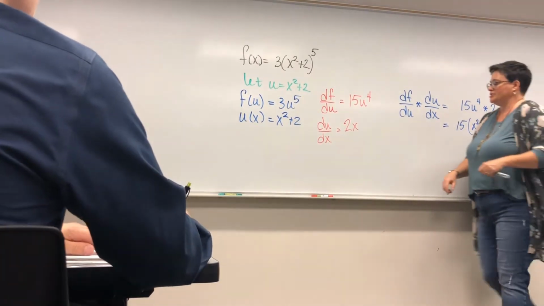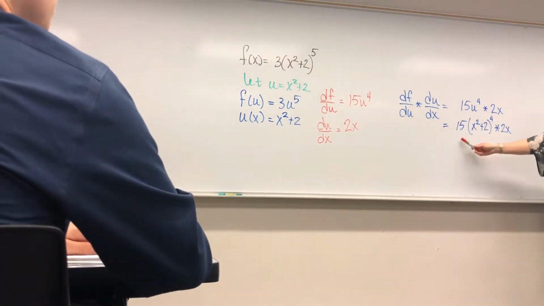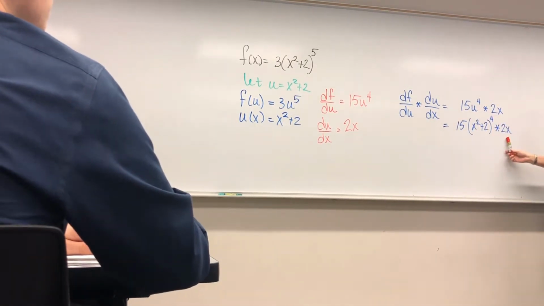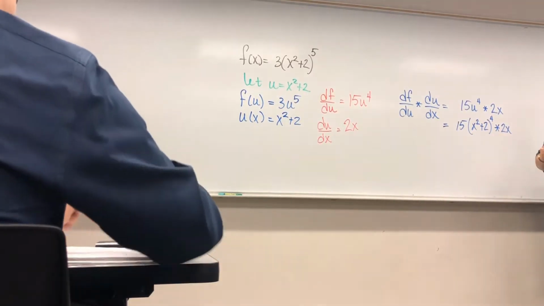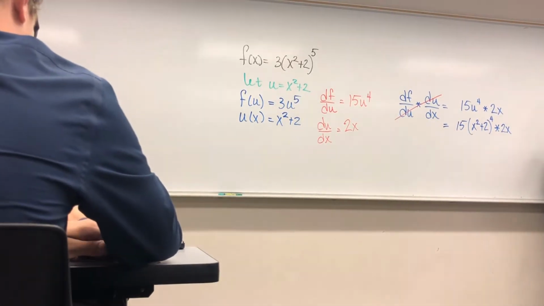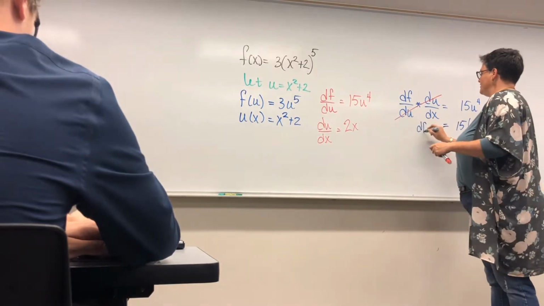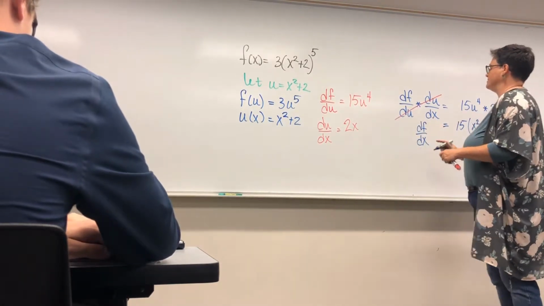And there's something I want to show you. This was in terms of u and x, yeah? What's this all in terms of? X. X, that's our input variable. Check this out, guys. Did you know you could do that? The du's cancel, leaving us the derivative of f with respect to x.